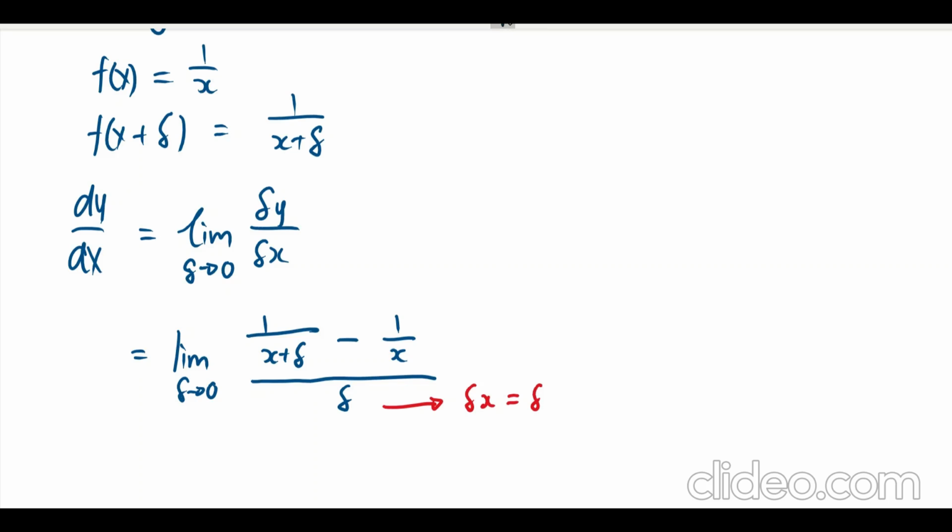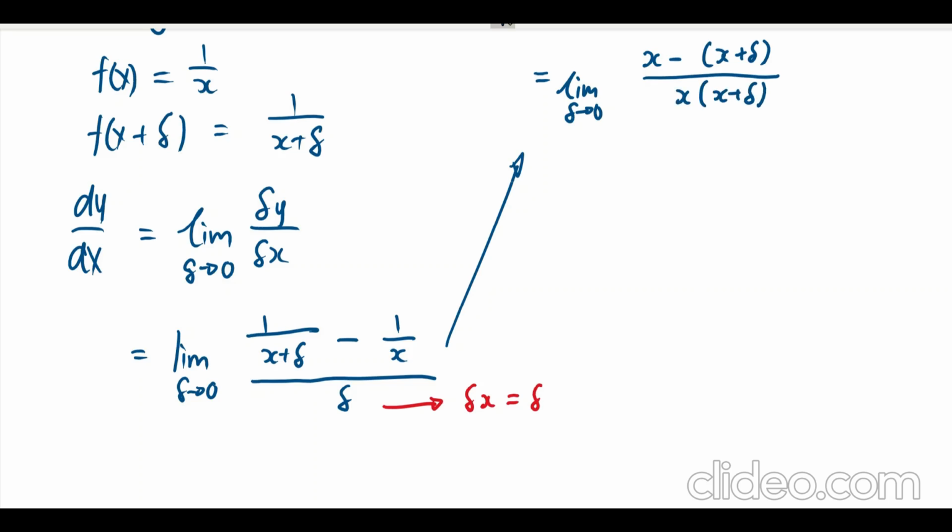Delta is always the denominator. For my numerator, I will just transit here so that you can have a clearer picture. Now my numerator looks a bit messed up, so what do you think I should do? I will make a common denominator. So this will become x minus (x plus delta) over x(x plus delta), over your delta. I always tell my students, do not use too many fractions in one equation.